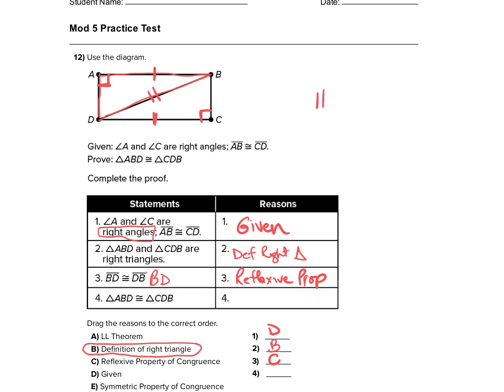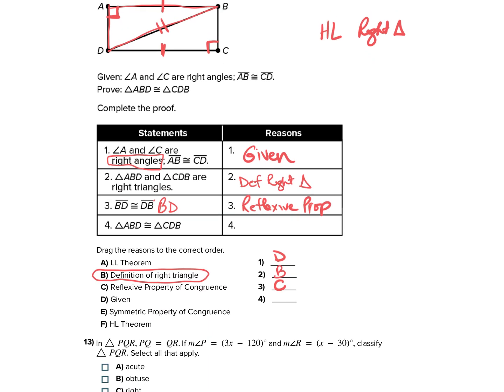Okay, so this is the one right triangle congruence theorem that some of you may or may not remember from class last time. We abbreviated it HL, hypotenuse leg. Okay, so that is going to be 4, which is going to be F, hypotenuse leg. And that's the only right triangle congruence theorem you need to know.